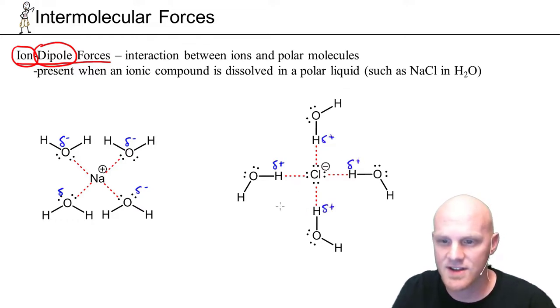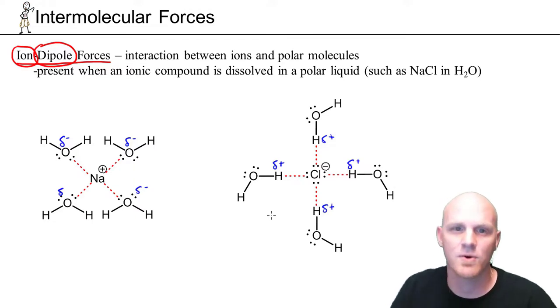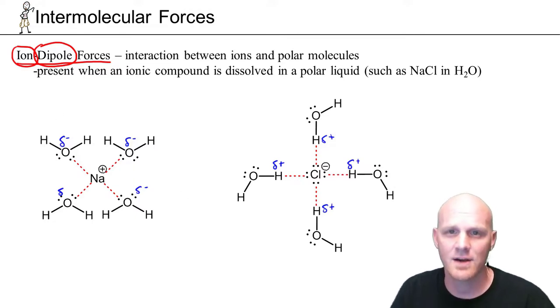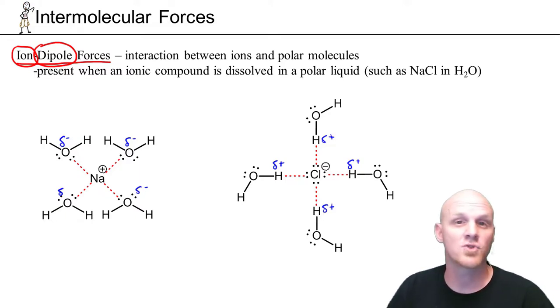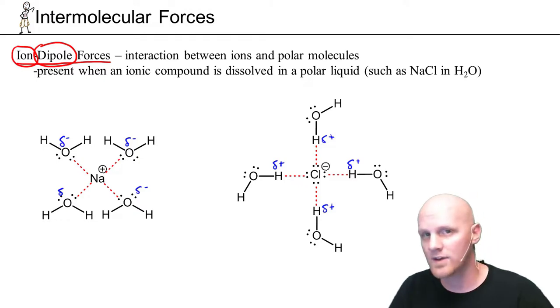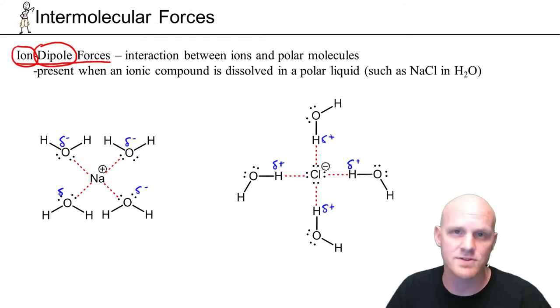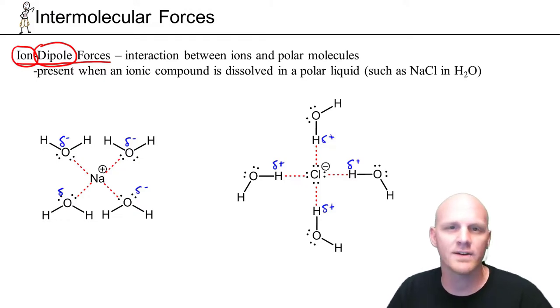These interactions diagrammed in red here are the ion-dipole interactions. And these ion-dipole interactions generally are stronger than even hydrogen bonding. Now, the truth is I can come up with some very strong examples of hydrogen bonding and some weak examples of ion-dipole forces, and it would be vice versa. But in general, most ion-dipole forces are stronger than even hydrogen bonding. But again, the key here is they're not ever present in a pure substance. They're only going to be present in a mixture.